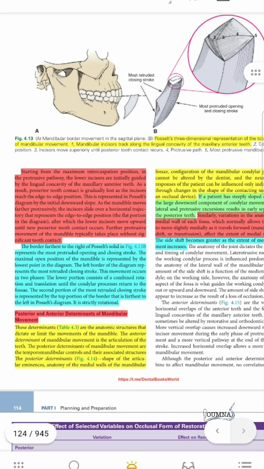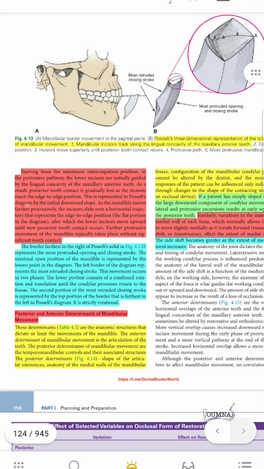protrusion, where the lower incisors are initially guided by the lingual concavity of the maxillary anterior teeth. As a result, the posterior tooth contact is gradually lost as the incisors reach the edge-to-edge position.